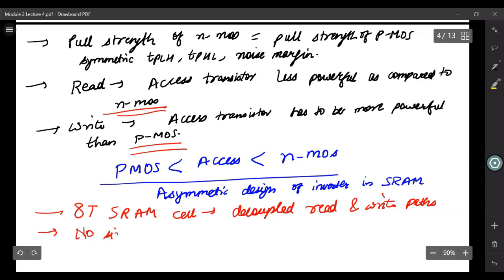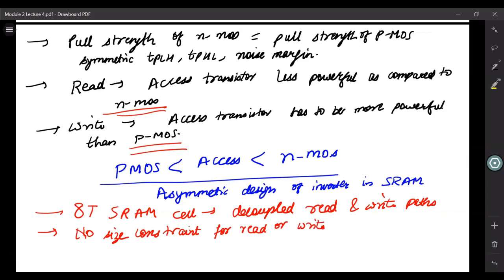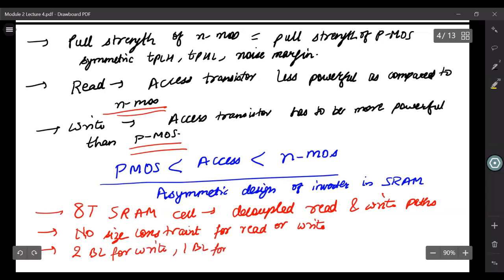So there was no size constraint for read or write operation. However, the disadvantage there was, since you had 2 bit lines for write and 1 bit line for read, you in total had 3 bit lines compared to 2 bit lines in a single SRAM cell.